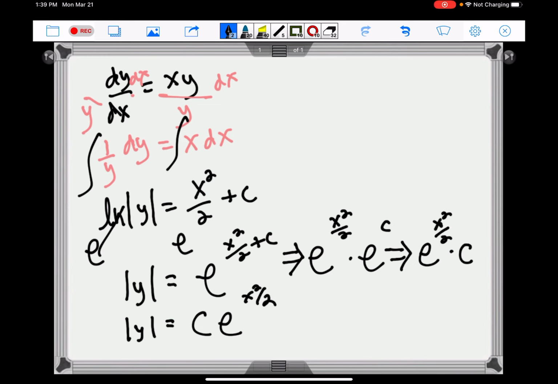I see you. So you basically get rid of the e, but it's still there, but e to some random number is still just a random number. Yeah. So I wouldn't even write these out as the steps, just hopefully eventually you'll see enough of these to realize what's going on.